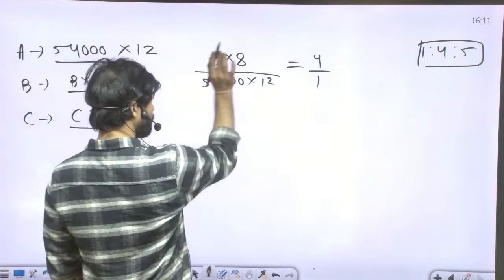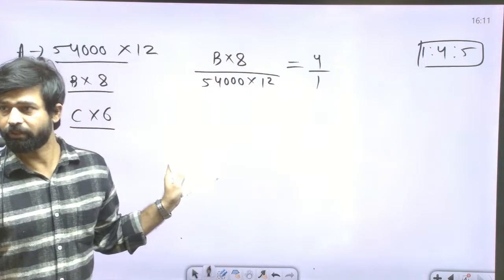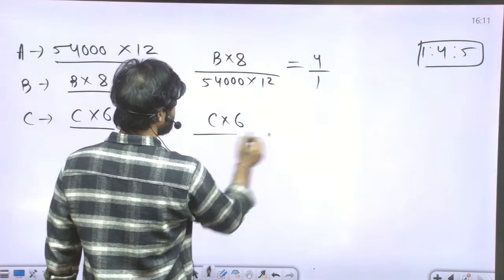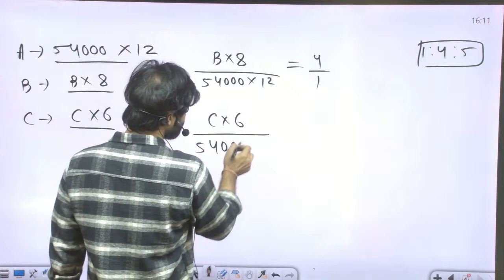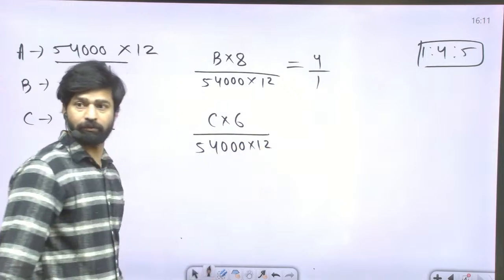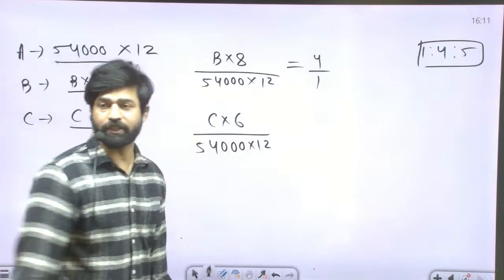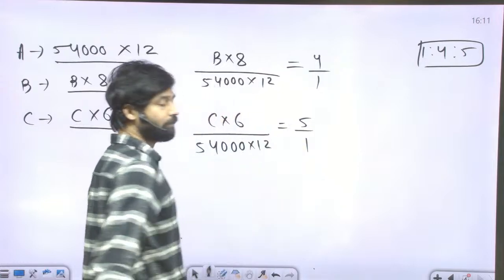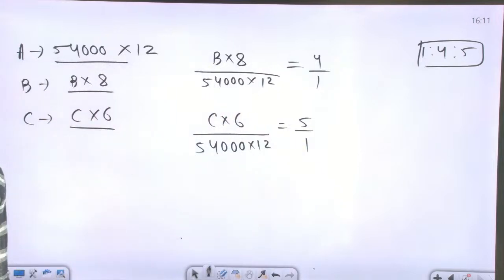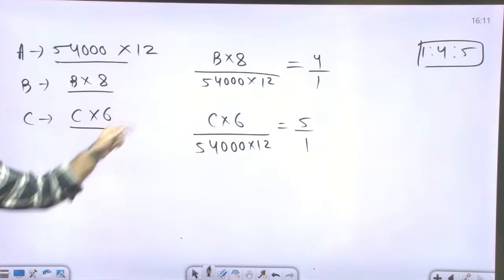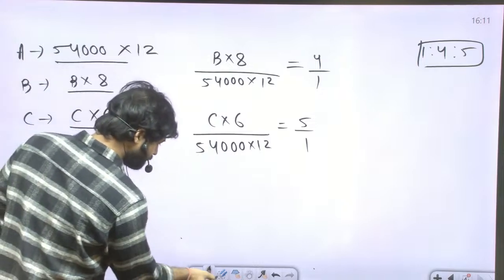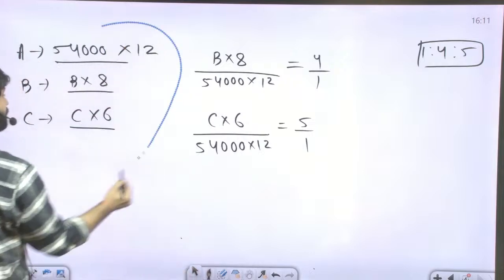From here, I'm not doing any calculation. Let's take C's part now. C into 6, and I'm comparing it with A again because we have the information of A only. The profit sharing ratio of C is 5, and for A this is 1. We have to take the difference of B and C's share.